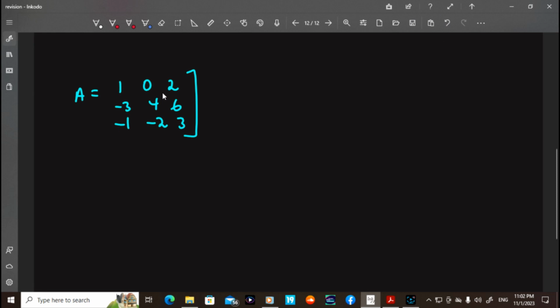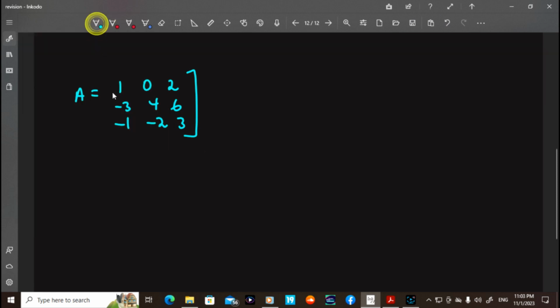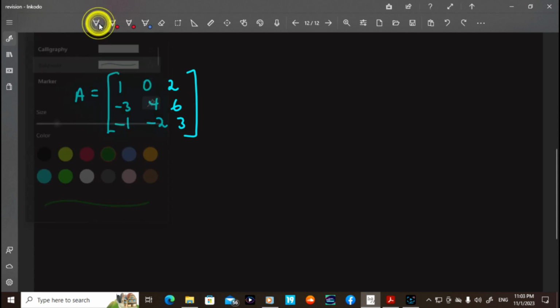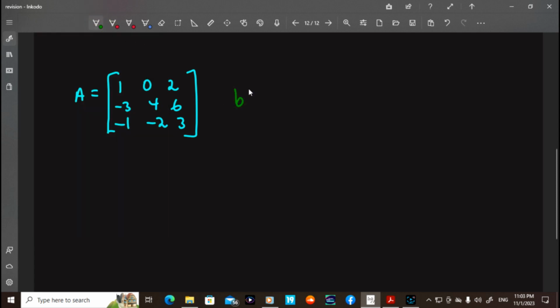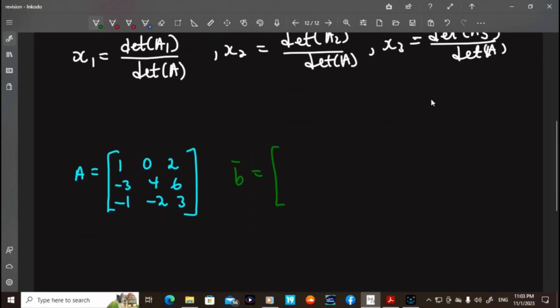Alright, so this is matrix A. And then remember B. What is B? B is 6, 30 and 8.